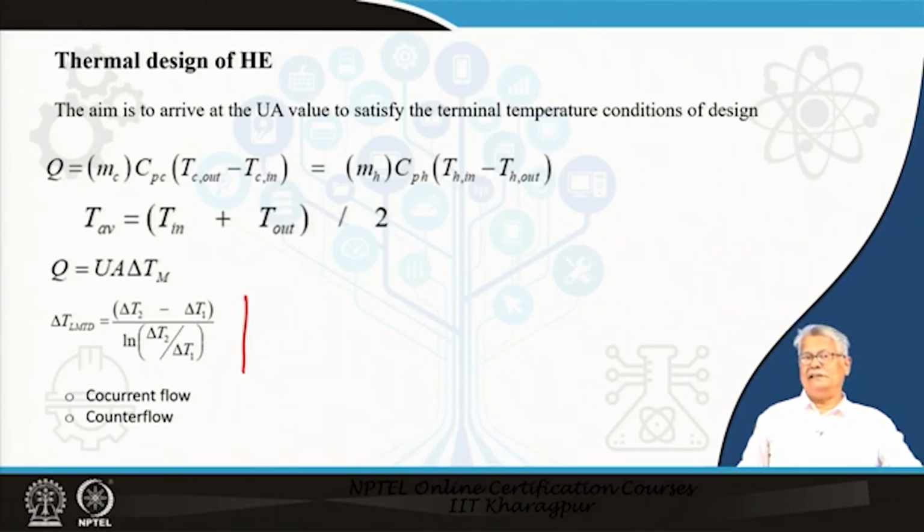In tubular exchangers, you can have co-current flow or counter current flow. Normally, the delta T LMTD is defined specifically for counter flow, but there are certain situations in which co-current flow is also desirable. All these will be dealt with when you are dealing with the different types of exchangers.